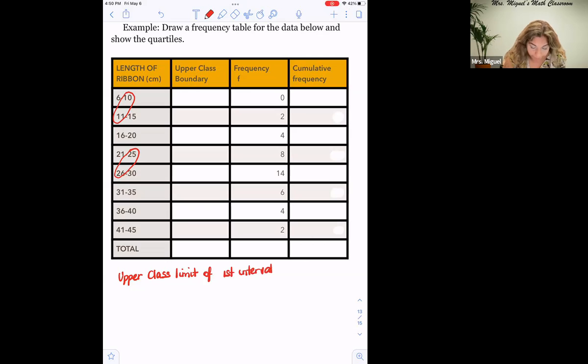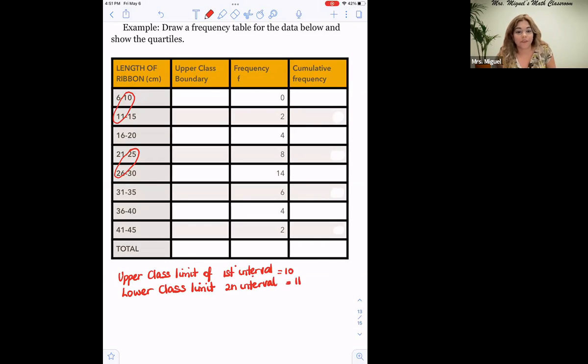Now, the word upper should indicate that it is the highest of the two values. So the upper class limit of this interval is 10. And the lower class limit of the second interval is 11.